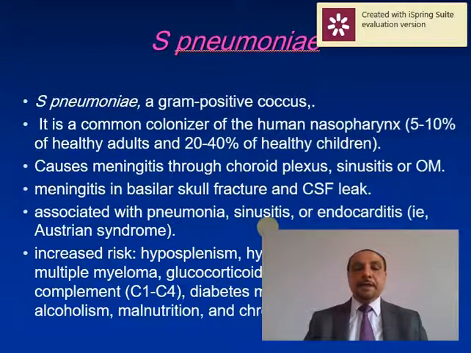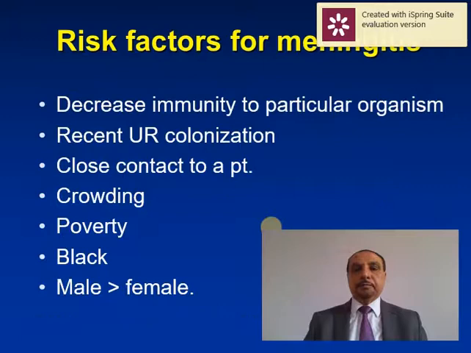There is increased risk in hypersplenism, hypogammaglobulinemia, multiple myeloma, glucocorticoid treatment, defective complement, early complement C1 to C4, diabetes mellitus, renal insufficiency, alcoholism, malnutrition, and chronic liver disease.